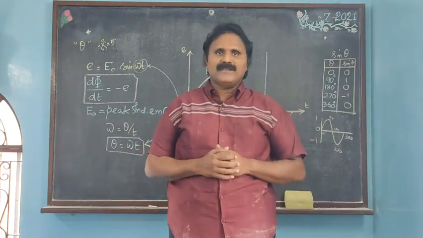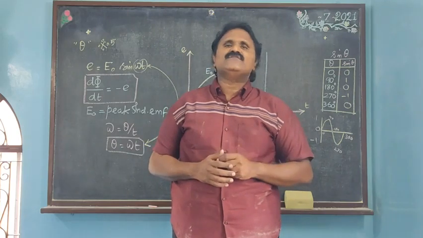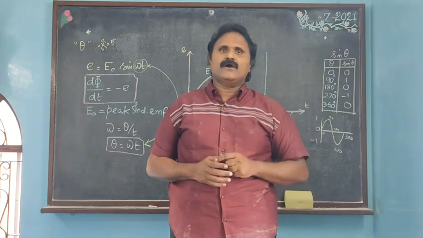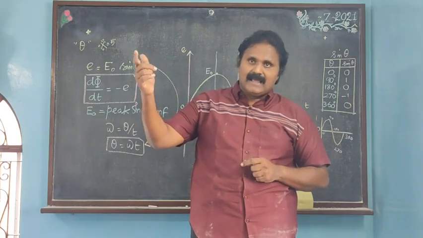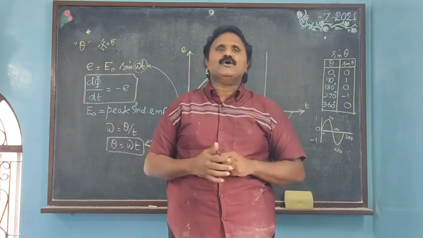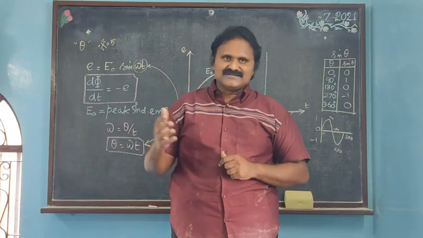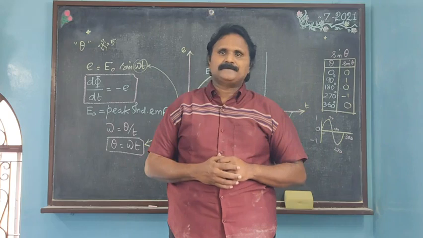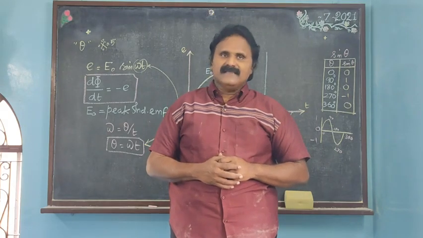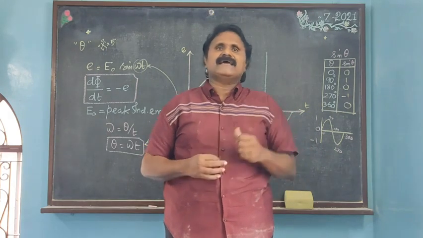That's why we call this sinusoidal current. Otherwise we call it alternating current, which we obtain as domestic current. What we are obtaining in India, of course, is alternating current, that is AC, which is nothing but sinusoidal current.